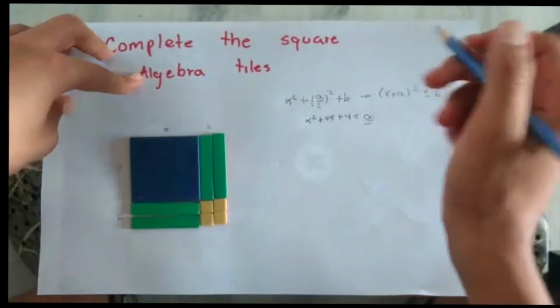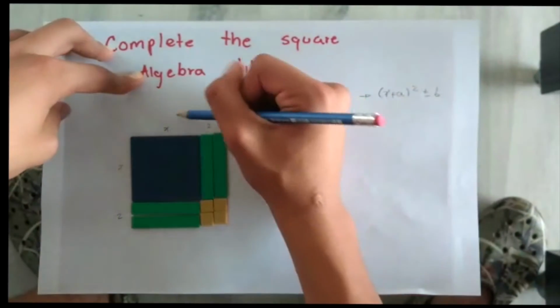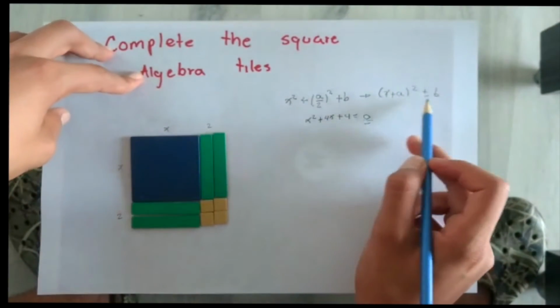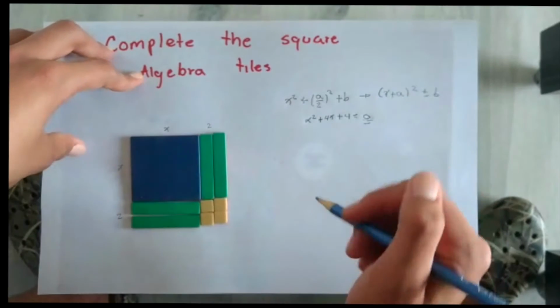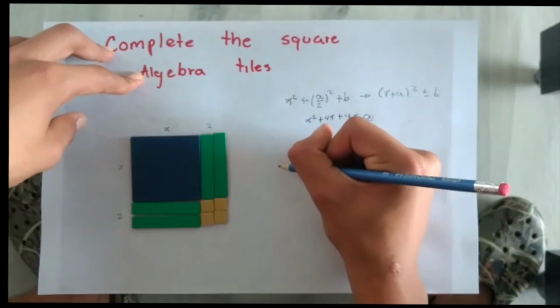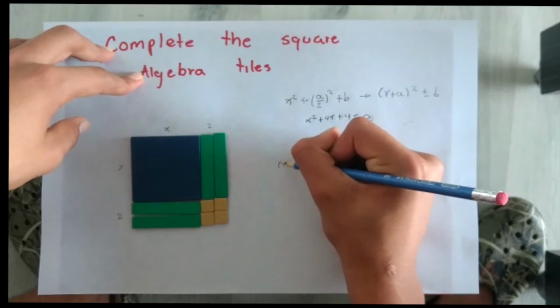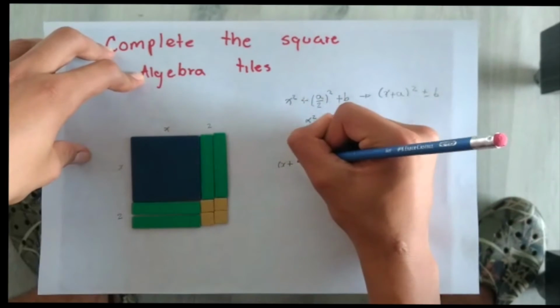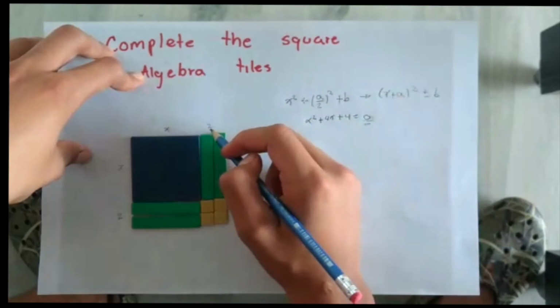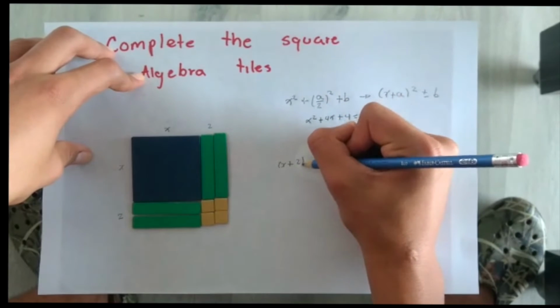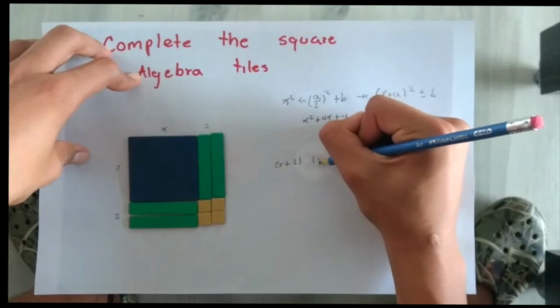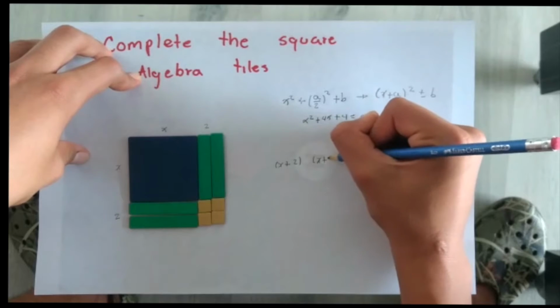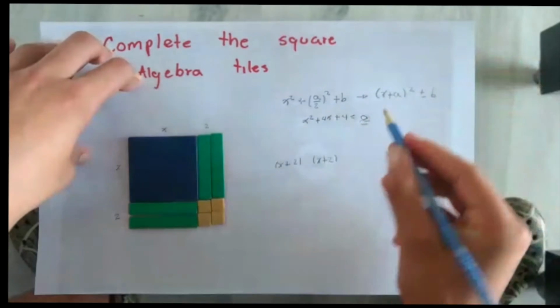So with this we can get the last part of the equation. We get x plus a, which will be this 2, and x plus 2.